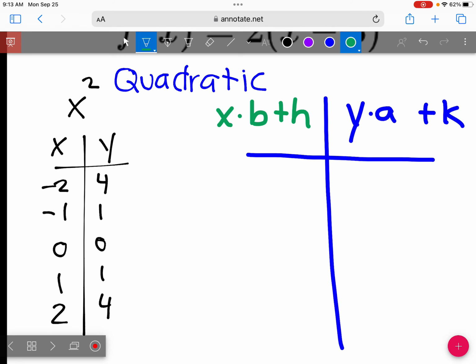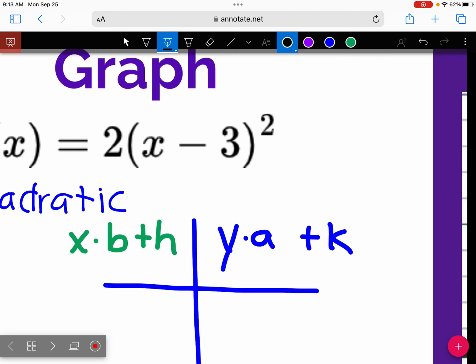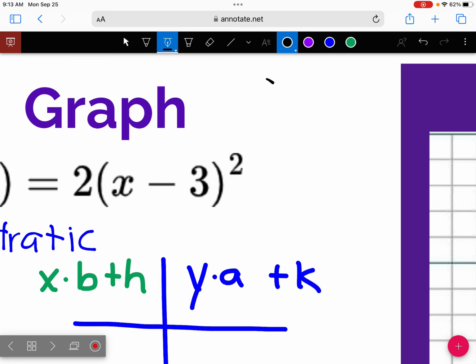So, we need to find our values. What is A? What is B? 1. B is multiplied in front of our X inside whatever our grouping is, the parentheses usually. What is our H?